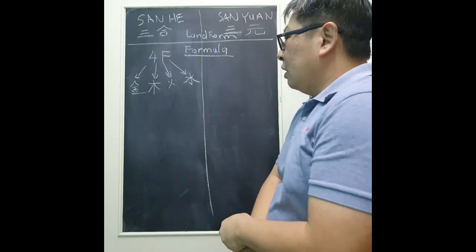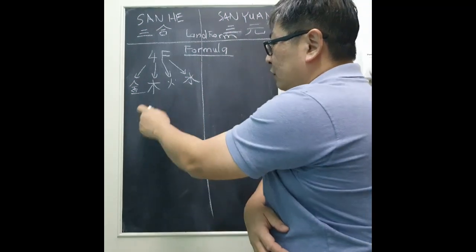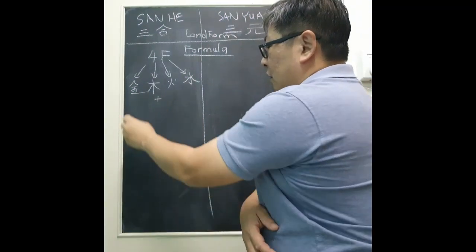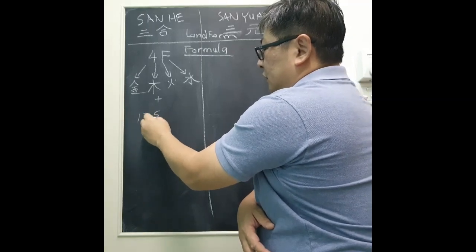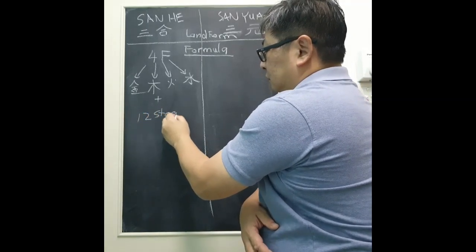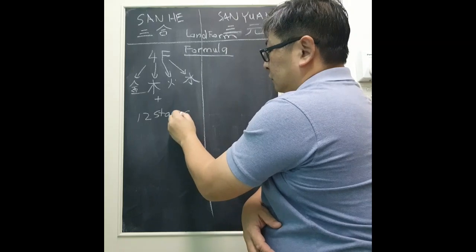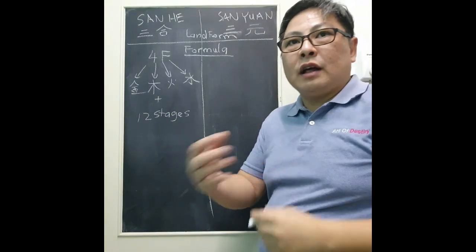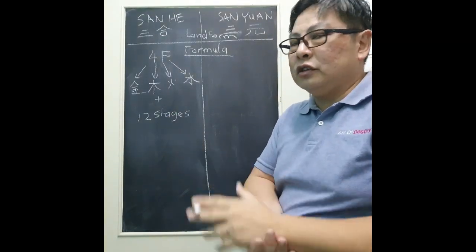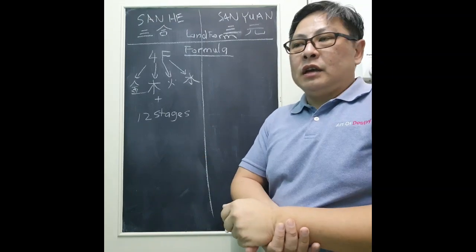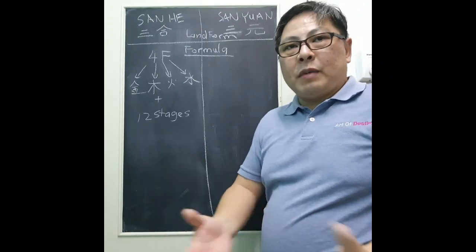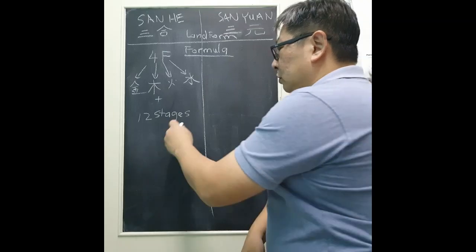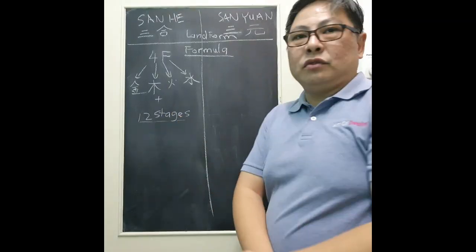Once they have determined that, they rely on the second theory, which they call the 12 stages. The 12 stages tell us the good and bad. What type of energy is this property receiving? Is it good energy? Is it bad energy? How do you know? They will depend on the 12 stages to tell.